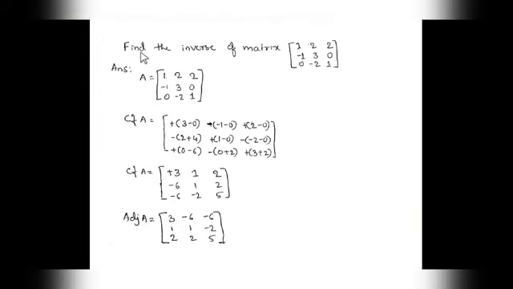Now we'll see another example for the inverse of a matrix of order 3 cross 3. Here we have one more example. Find the inverse of the matrix. The given matrix is of order 3 cross 3. Now we first have to find the cofactor matrix of A, that is, the cofactor of each and every element.